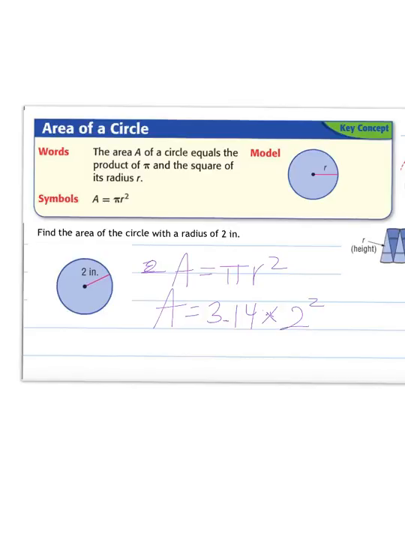Now when something is squared, remember that means multiplied by itself. So 3.14. 2 multiplied by itself, 2 times 2 is 4. Now I multiply 3.14 times 4. Area 12.56 inches. Again, we're talking area, so it's squared.